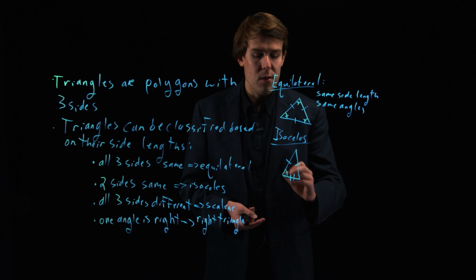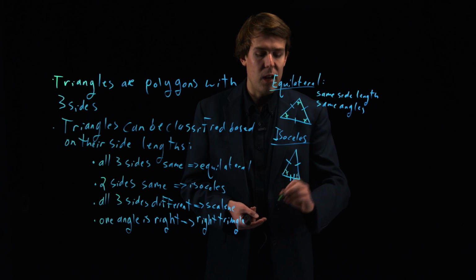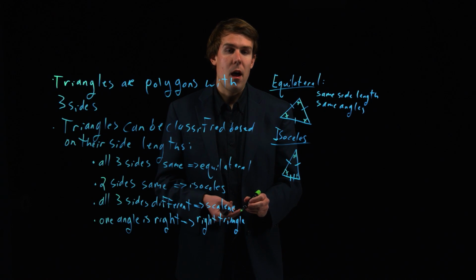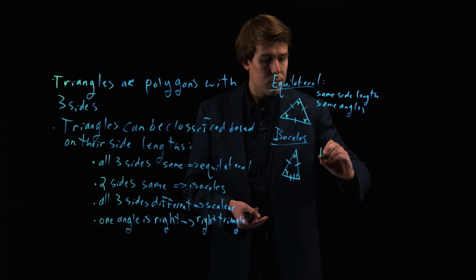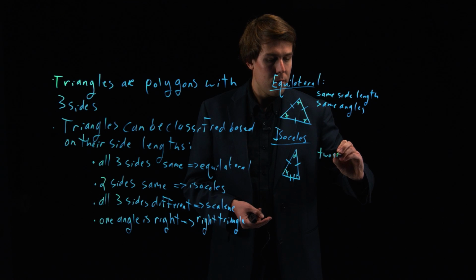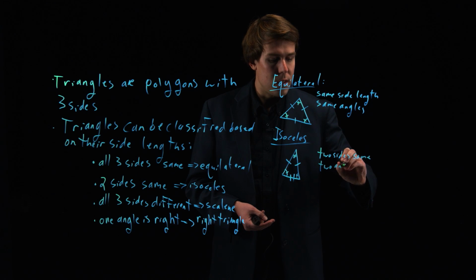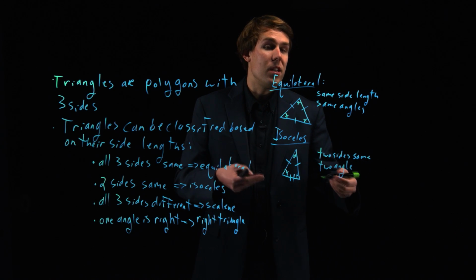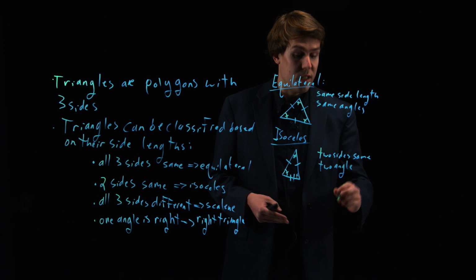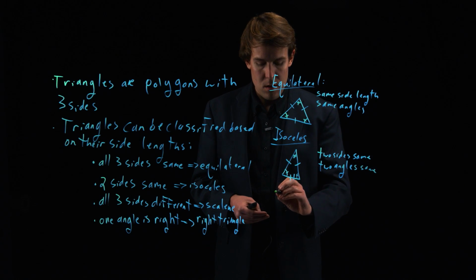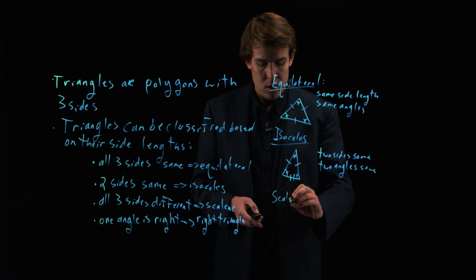So this angle here is the same as this angle here, but this one is potentially different. So it's nice to know that in addition to having two of the same sides, it has two of the same angles.